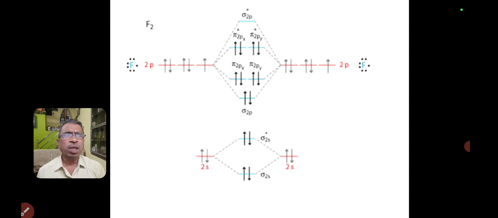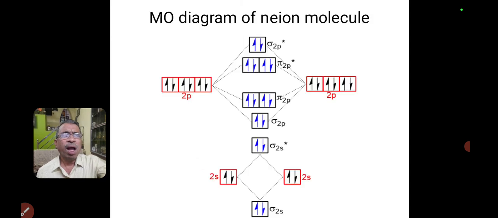So this is the molecular orbital diagram for the fluorine molecule, and also this is the molecular orbital diagram for the neon molecule.